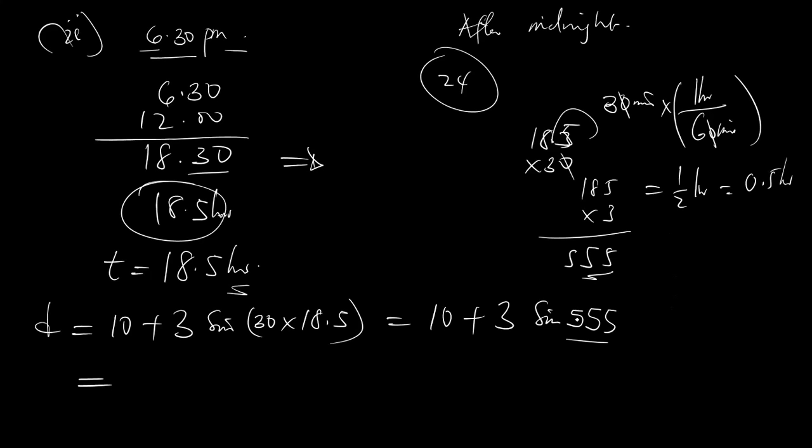Now for us to know where this angle 555 is, we need to remove one revolution. To remove one revolution is 360.